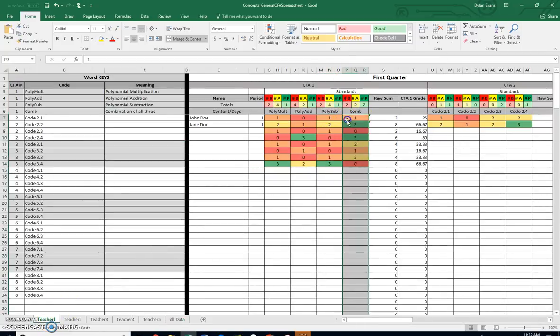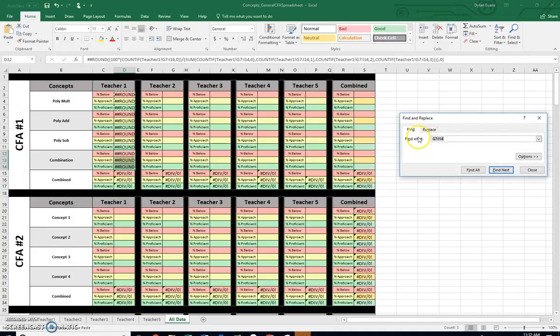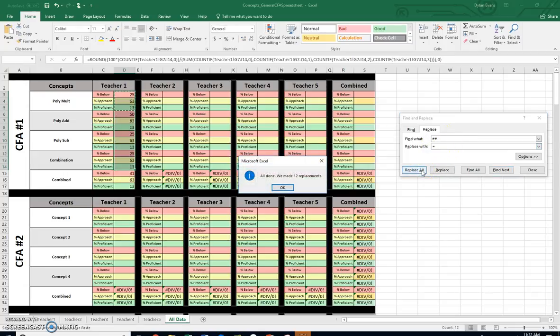It's from P7 to R14, so that's what I'm going to change that to. So this changes to P7 through R14. Replace all. And now, just check, make sure that my functions work. If I find all of my double pound symbols and replace them with equal signs, I see that my functions work.